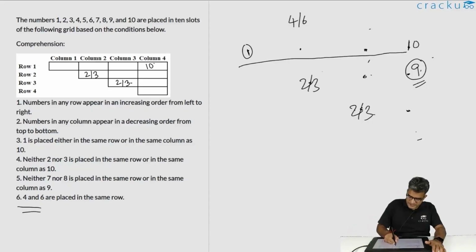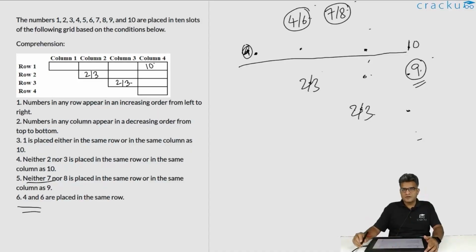So 2 out of these 3 has to be 4 and 6. That is this one, and this one. But we are also told that 7 and 8 are not in the same row or same column as 9. So this would again imply that this has to contain 4 and 6 as well as 7 and 8. All 4 have to be in row 1, but that is not possible because we have only 3 blanks available.